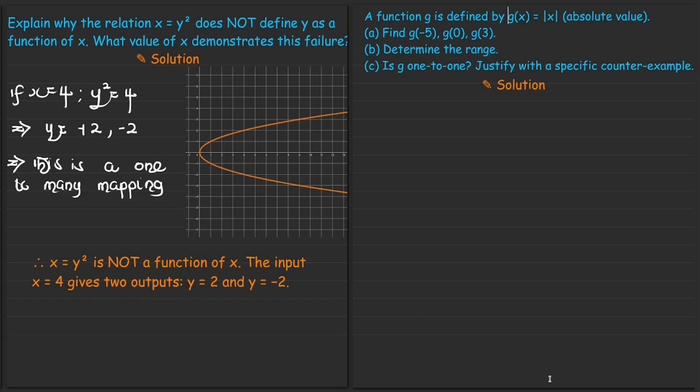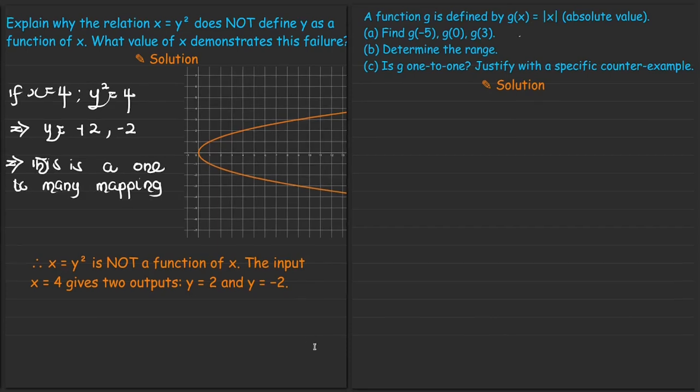For our last question here, it says a function g is defined by g of x equals the absolute value of x. That is all we need in our function. Now it says we have to find g of negative 5, g of 0, then g of 3.